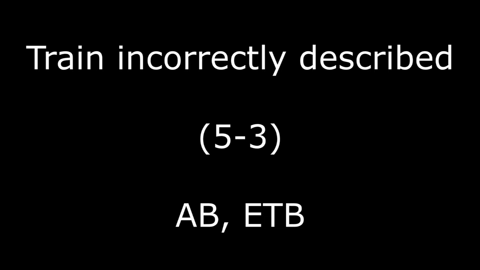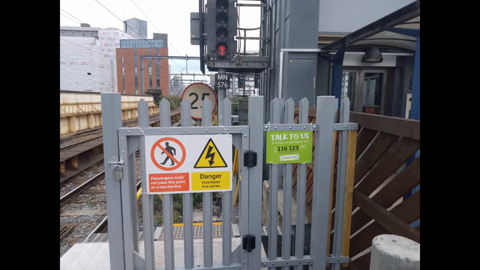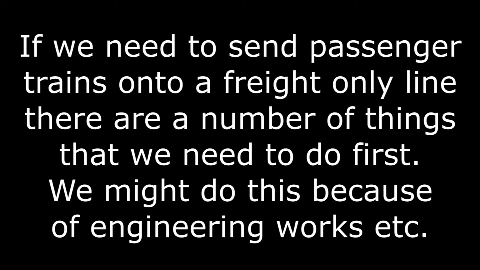Another way to remember this is "wrong": wrong is 5 letters, 1, 3. The reason this is important is because you don't want a passenger train going onto a freight only line or something like that. So it is important.